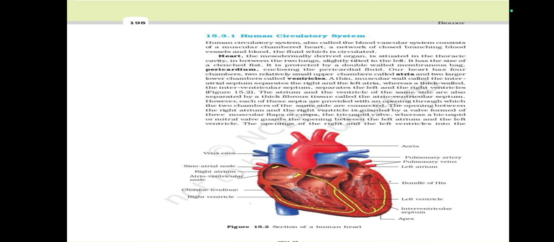A thin muscular wall called the interatrial septum separates the right and the left atria, whereas a thick wall, the interventricular septum, separates the left and the right ventricles.